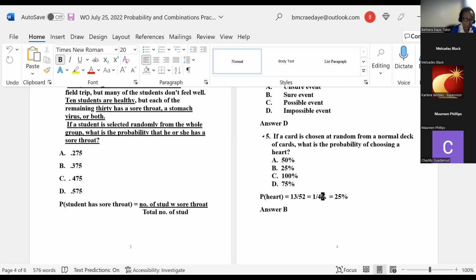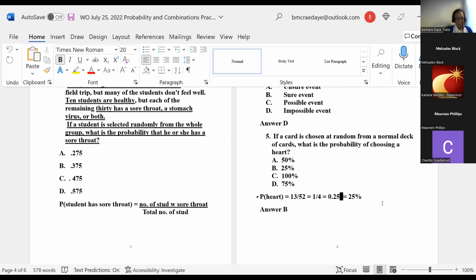That's one of the things you're going to have on your practice work: relating decimals, fractions, and percents. 1/4 is equal, as a decimal, to 0.25, and multiplying by 100, you get 25%. Move your decimal 2 places to the right and you get the percent.